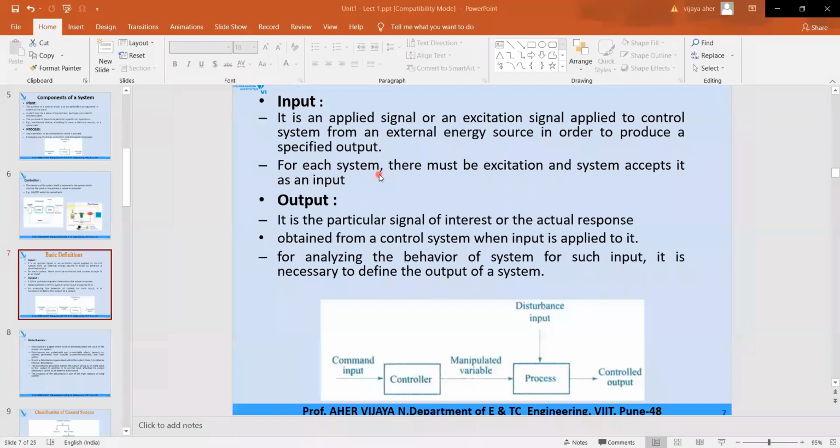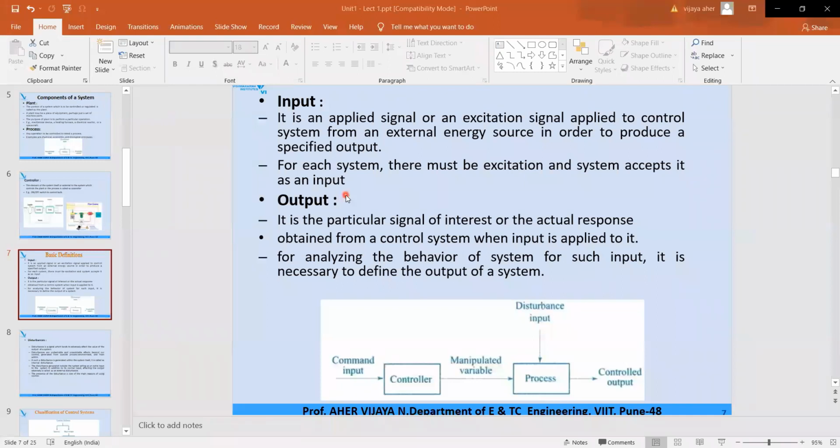Now for each system, there must be excitation, right? And the system accepts it as an input. In an electronic circuit, input is nothing but excitation, which is nothing but your biasing to the circuit.